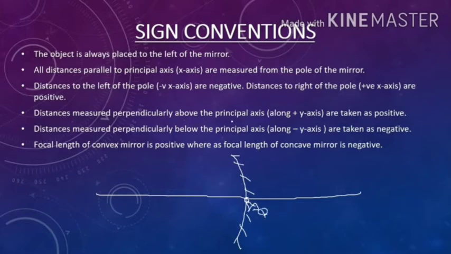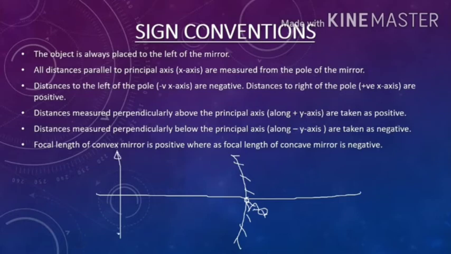Distances measured perpendicularly above the principal axis, the x axis, that is, distances perpendicularly above the axis along the y axis, are positive. This is the y axis. Let me write this to remember.